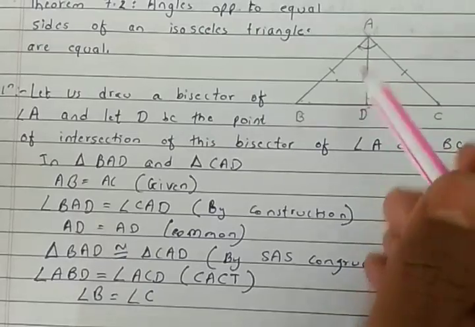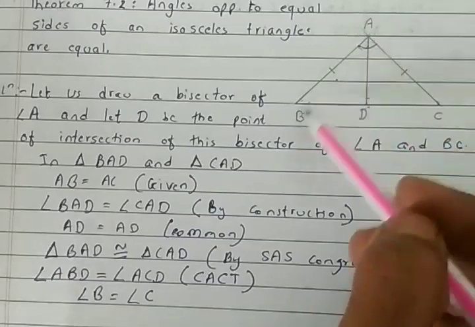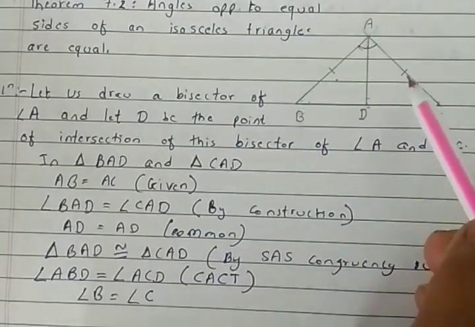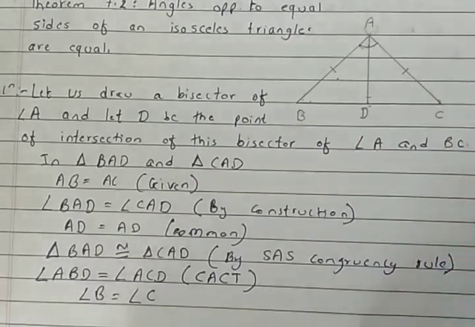What is isosceles triangle? The opposite sides are equal. We have proved this theorem 7.2, right?